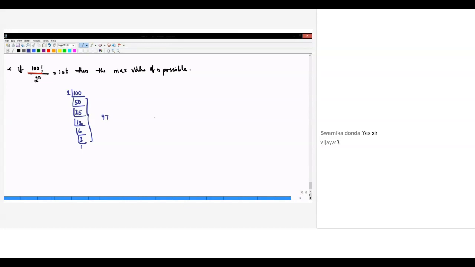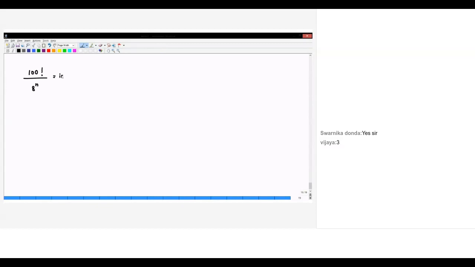Suppose if I say 100 factorial divided by 8 power n is an integer, which means power of 8 is dividing 100 factorial and it is perfectly dividing. So maximum value of n, remember 8 is not a prime number, 8 is formed by 2 cube.